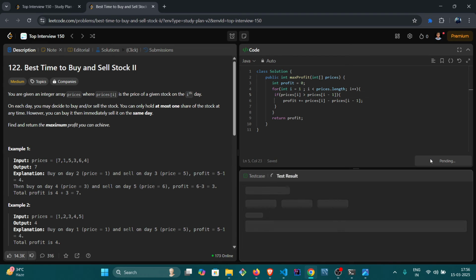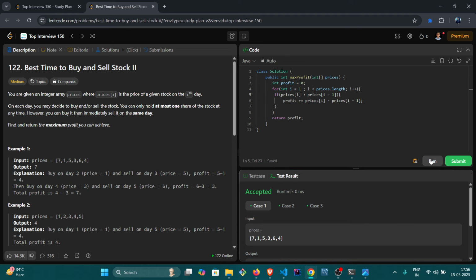Let's try to run it. Accept it. Here I made a mistake in using greater than or less than, because if the next price, on which we have to sell, is greater than the previous one, then we will sell our stock, and the difference of both will be the profit, and we store it into profit.